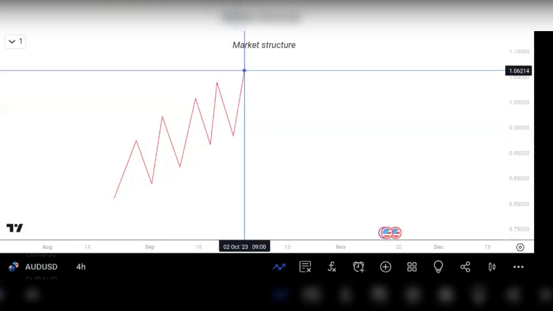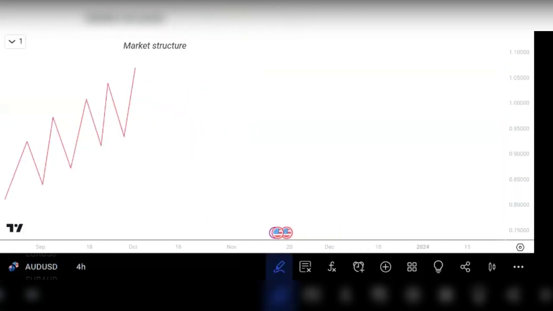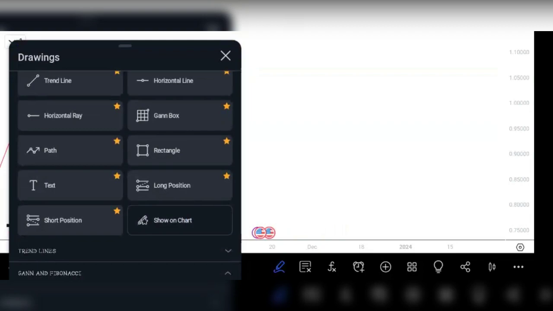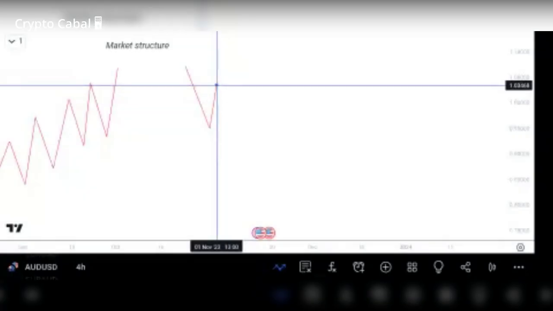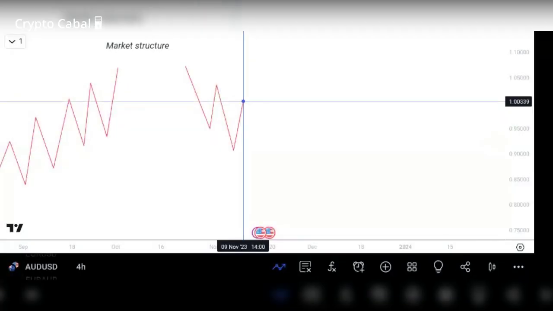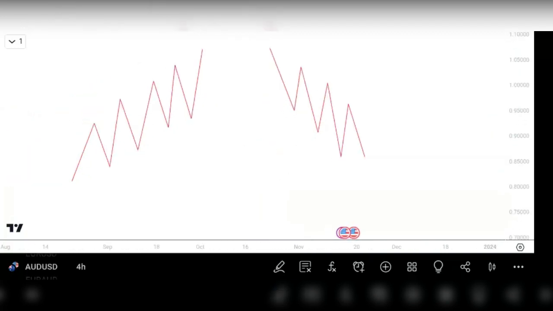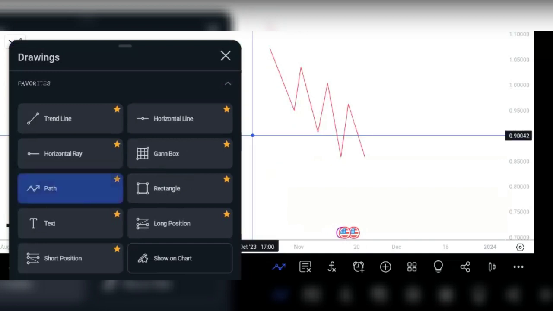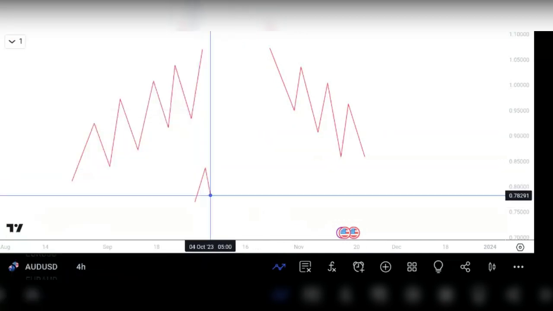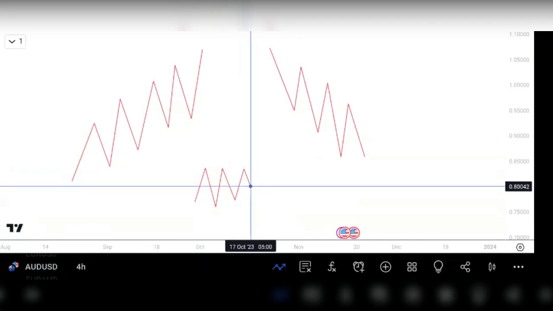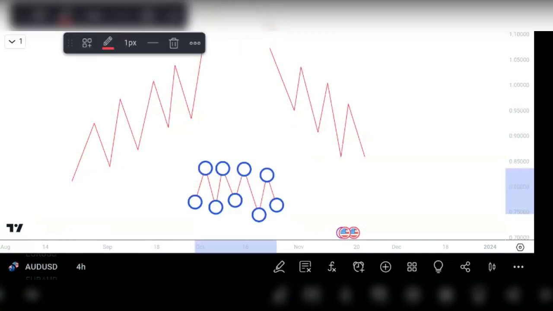Then the downtrend is price coming towards the downside, something of this nature. The ranging or consolidating market is just telling us that price is stagnant. Price is not moving.